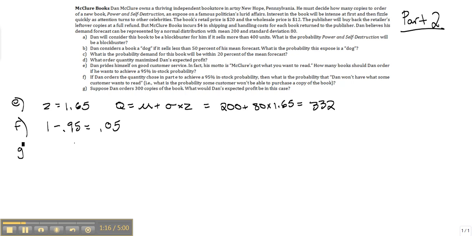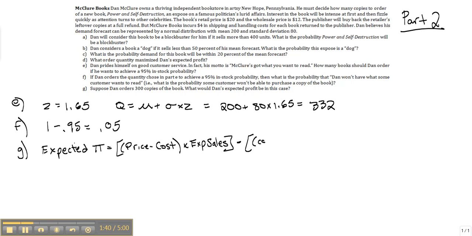Finally, for part G, in order to calculate the expected profit, we're going to need to solve for a number of other terms. Let's start with the expected profit formula, which is equal to price minus cost times the expected sales minus quantity cost minus salvage value times the expected leftover inventory.